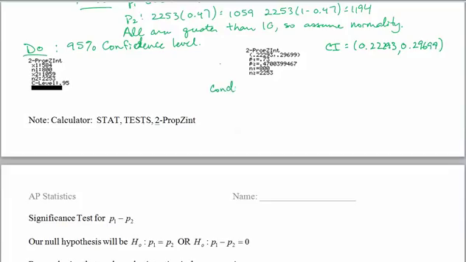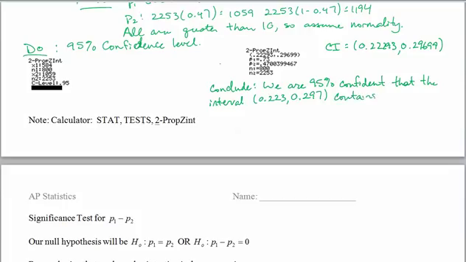And to conclude, we are 95% confident that the interval 0.223 to 0.297 contains the true difference in the proportion of U.S. teens and adults who use social networking.